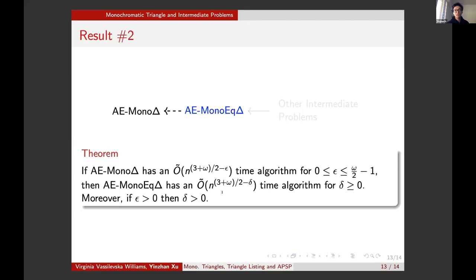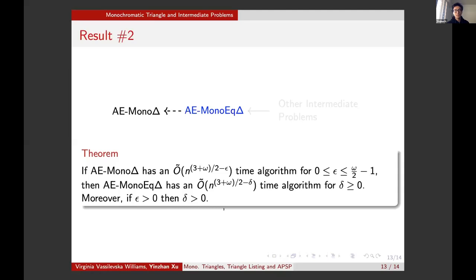But since epsilon is 0, our theorem does not guarantee delta is positive, so delta could be 0. Essentially, this case says that all-edges mono-equal triangle also has an Õ(n^((3+omega)/2)) time algorithm. So essentially, it's another intermediate problem.